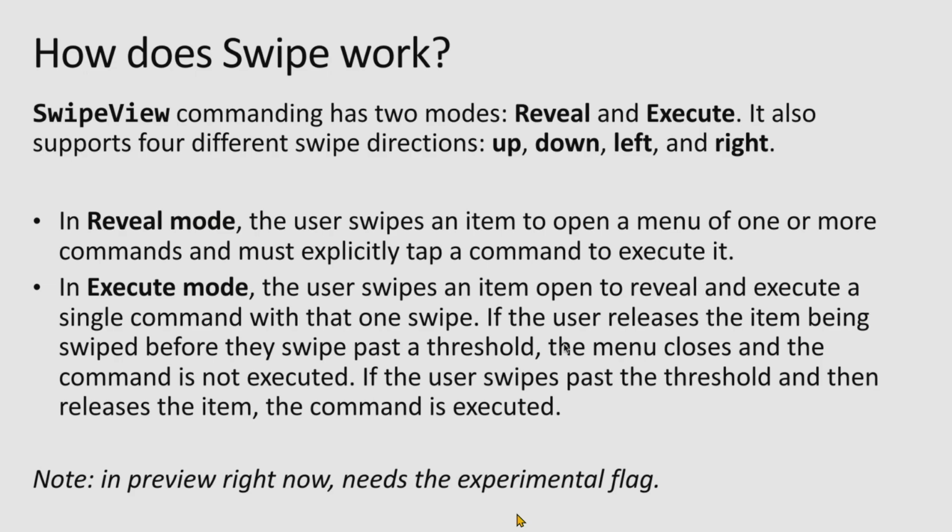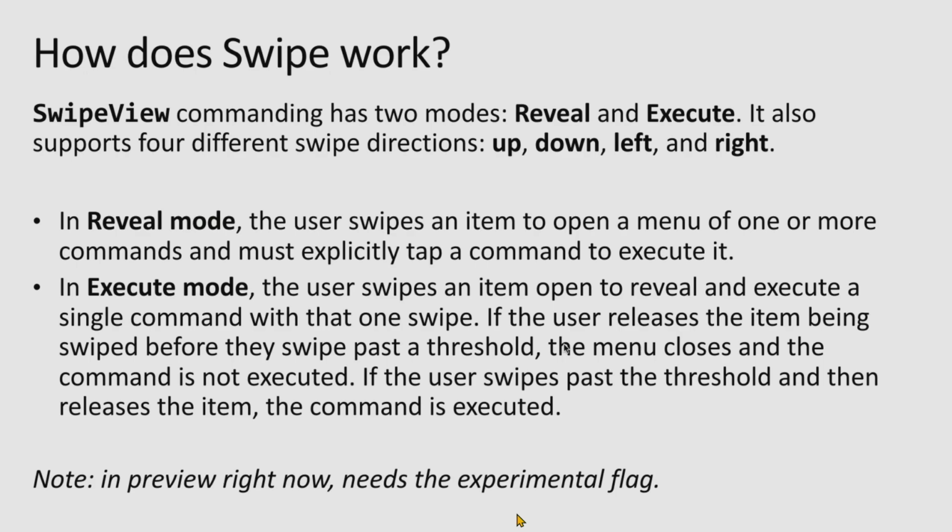We will see the different commands, and to execute that command, we need to explicitly tap one of them. In the execute mode, it's totally different. We only need to swipe, and if we pass the swipe threshold, the command associated with every item, with every command, will be executed, and if not, just the swipe view will be closed.